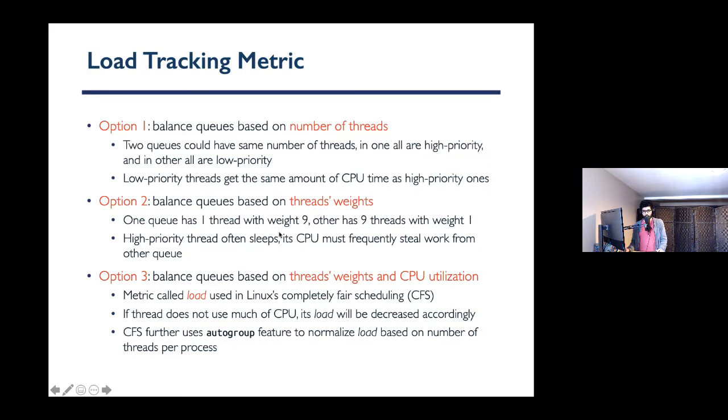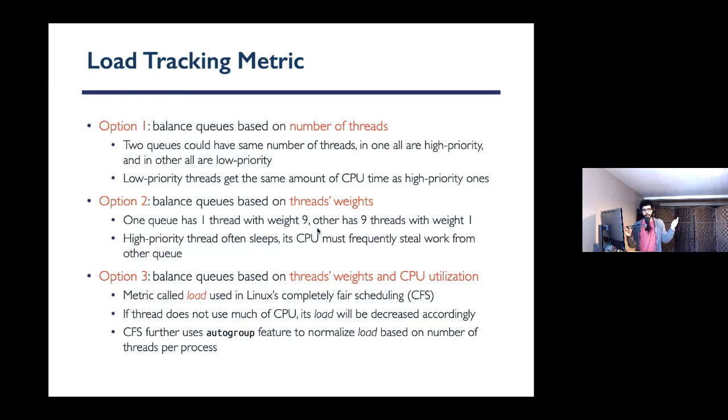So if you have a thread with weight 9, and it is utilizing only like 50% of the CPU over time, then we want to lower its load to 4.5. We shouldn't be looking at it as a load of 9.